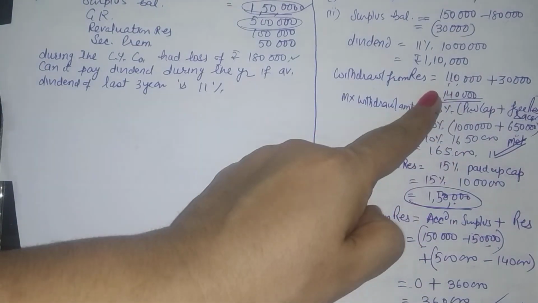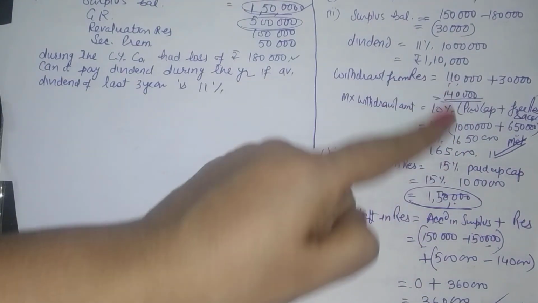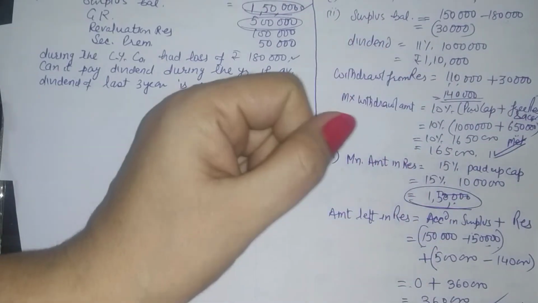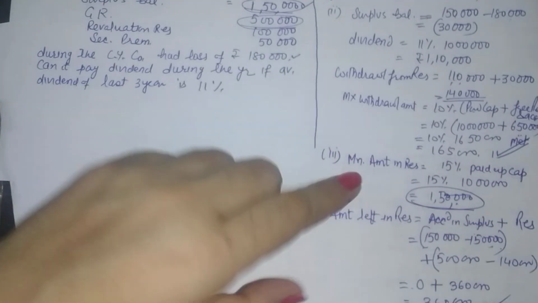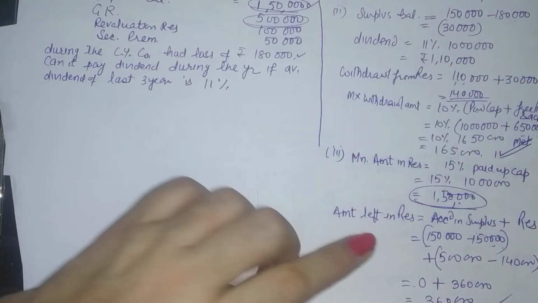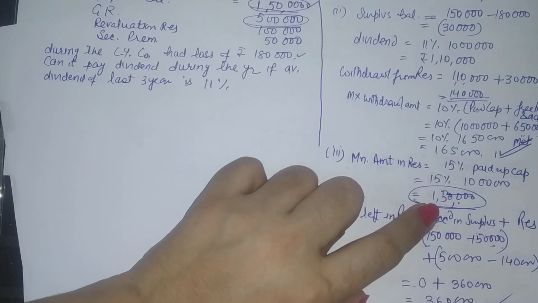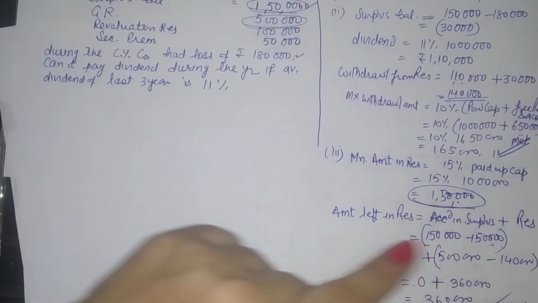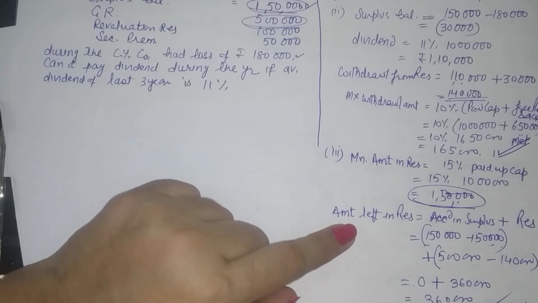So you have withdrawn 1,40,000. It is falling within this. Second is the amount to be left in the reserves. In reserves, 15% of paid up capital must be maintained. So 15% is 1,50,000. So you are to maintain this much. So you just check how much reserve balance is there now.